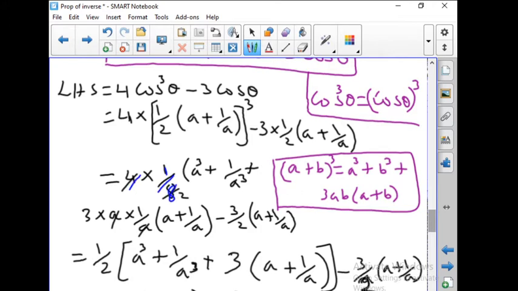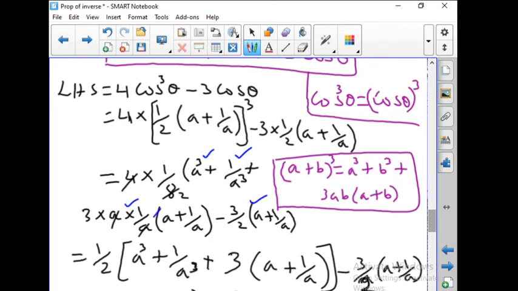Then a plus 1 by a the whole cube. We are using a plus b the whole cube formula: a cube plus b cube plus 3ab into a plus b. So in the place of a we are having a, b is 1 by a. So a cube plus 1 by a cube plus 3 into a into 1 by a into a plus 1 by a.